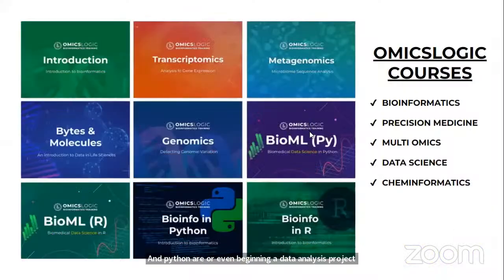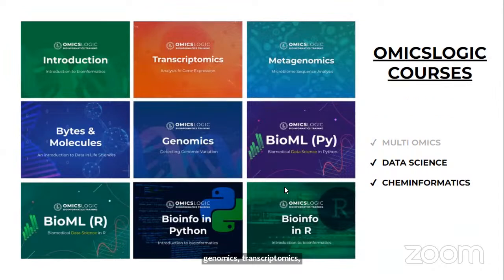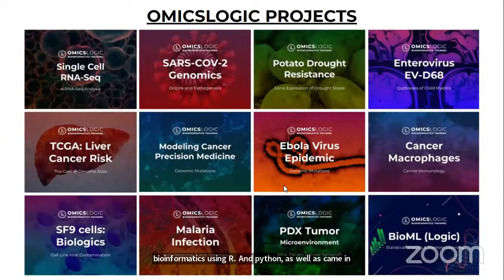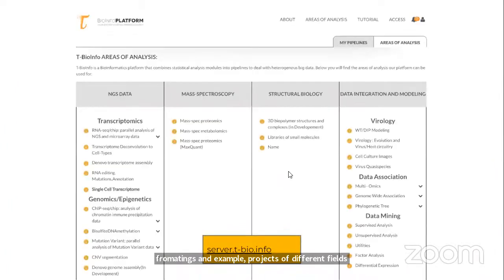The program comes with an access to the OmicsLogic courses, which includes courses on bioinformatics, precision medicine, multi-omics, which includes genomics, transcriptomics, metagenomics, and epigenomics, data science that includes bioinformatics using R and Python, as well as cheminformatics, and example projects of different fields which you could learn from and replicate for your research work.